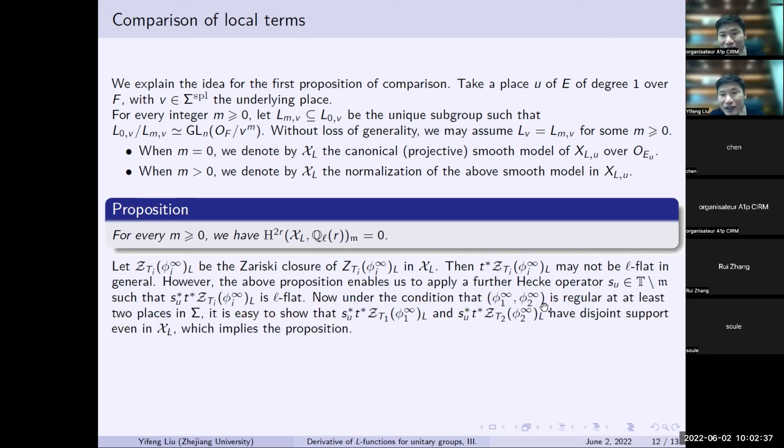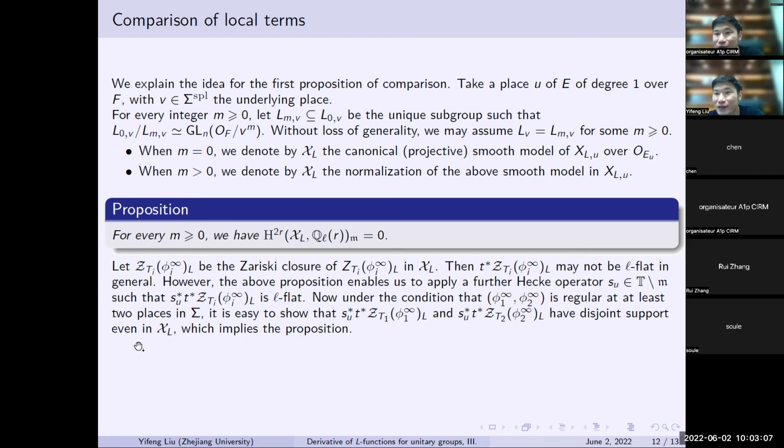However, the condition that this Schwartz function is regular at least at two places will imply that even the Zariski closures of the original cycles will have disjoint support on the model. Previously we just said that their generic fibers have disjoint support, but now this is the feature at split places, that even if you take the Zariski closure, they still have disjoint support.